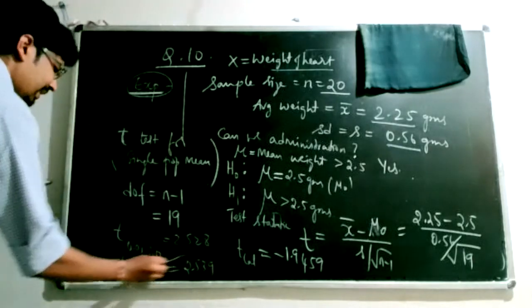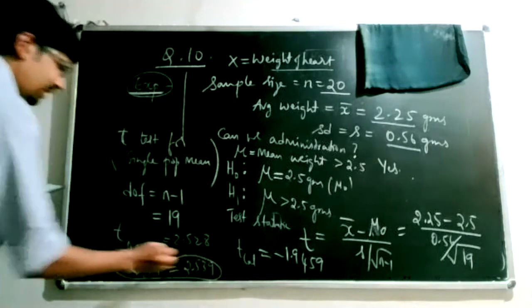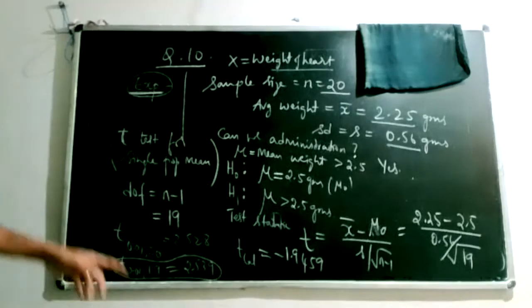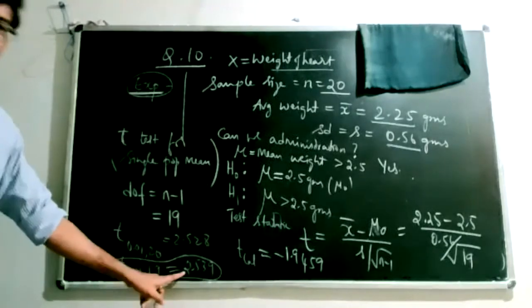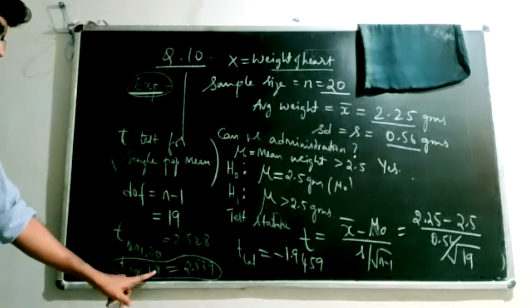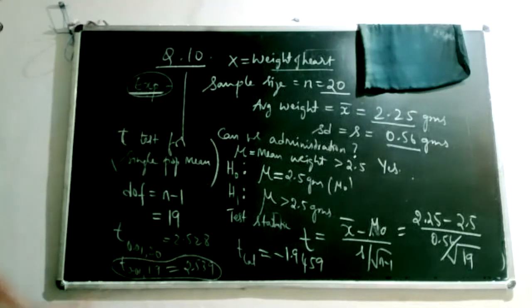So the table value to be selected is this, and here we are talking about a right tail test, so the value has to be considered as positive. 19 is the correct degrees of freedom, so don't take this other number to compute.